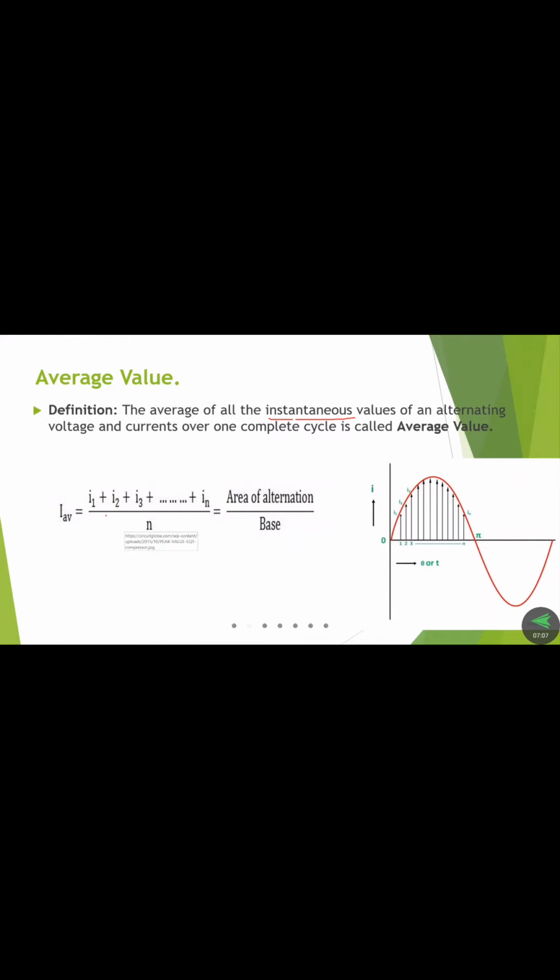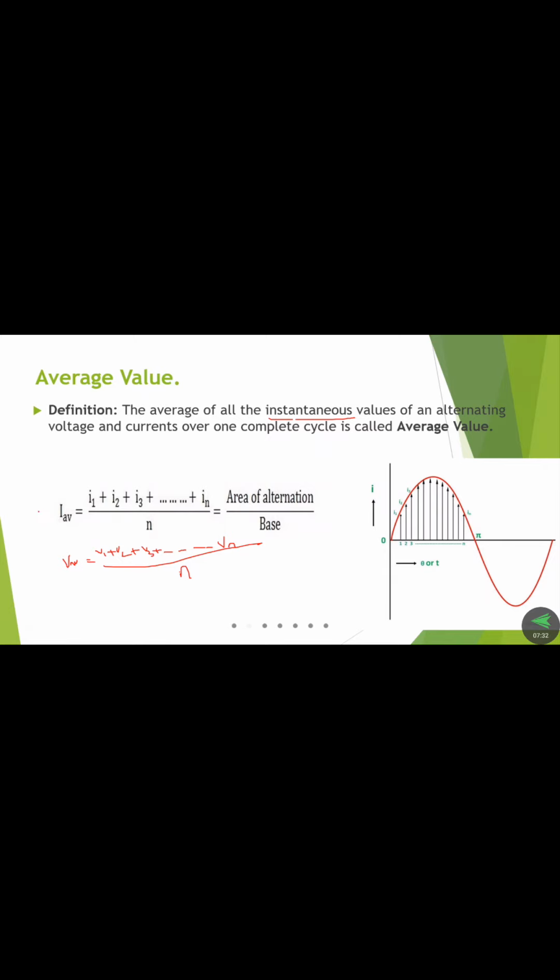The simple formula is I average equals I1 plus I2 plus up to In, divided by n. Similarly for the voltage, V average equals V1 plus V2 plus V3 plus so on up to Vn, divided by n, the number of quantities.